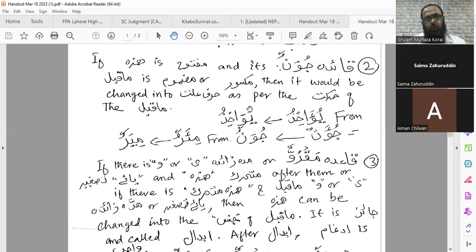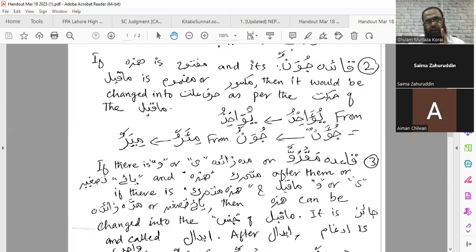Now we are going through the Qaida. What does it mean? If Hamza is Maftuh, this is the first condition, and its ma qabl is Madmum or Maksur. About the ma qabl, there are two things: either it is Madmum or Maksur.